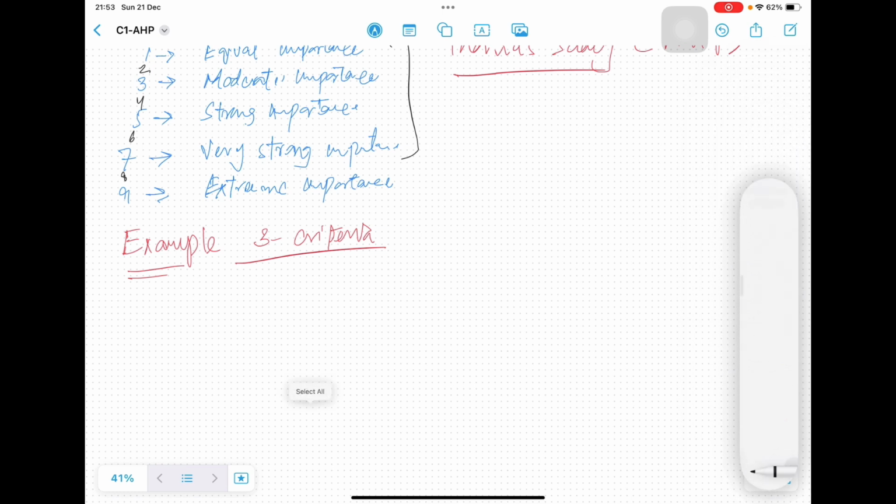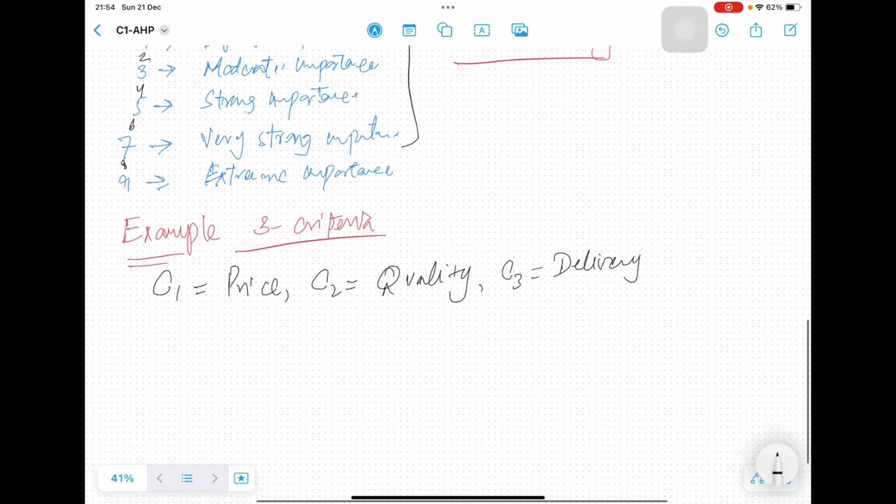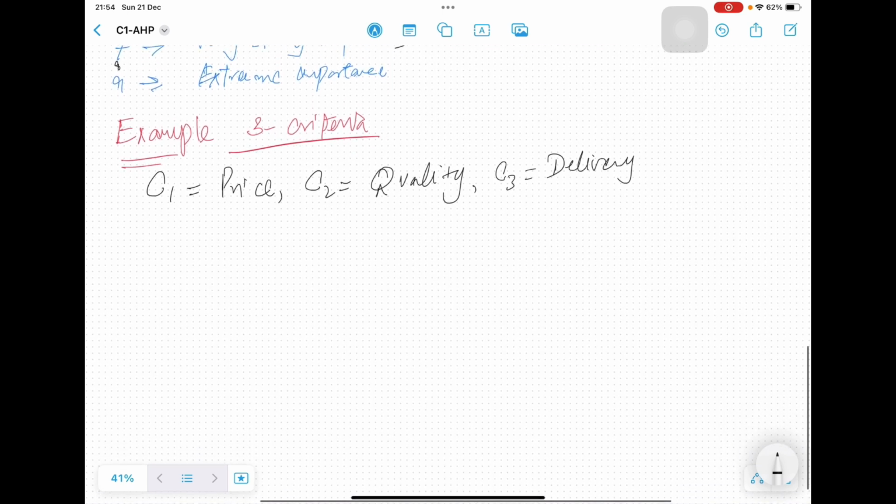Criteria 1 is price, criteria 2 is quality, criteria 3 is delivery. Now let's write down the judgments.